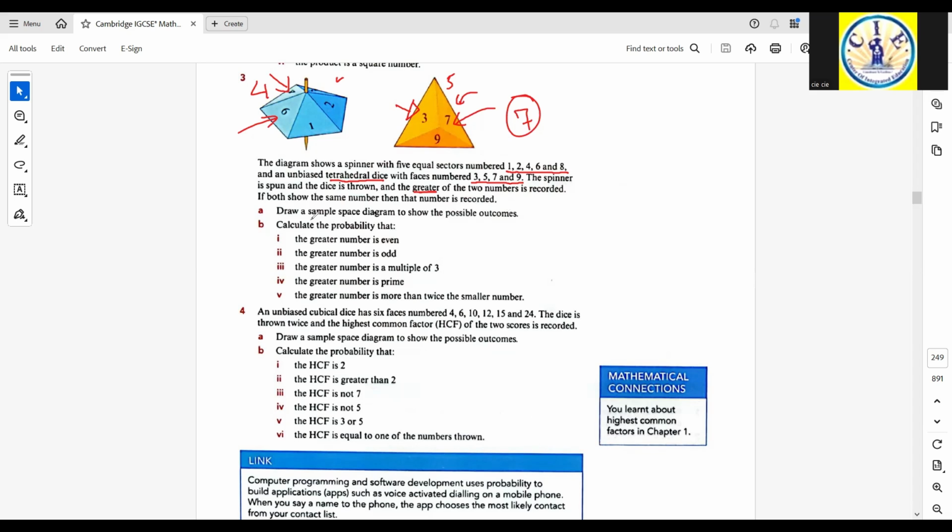Draw a sample space diagram to show the possible outcomes. We need to do it like that. Let's do it.